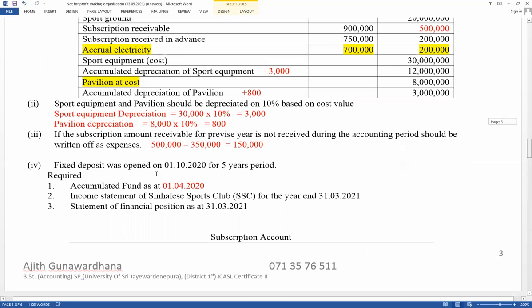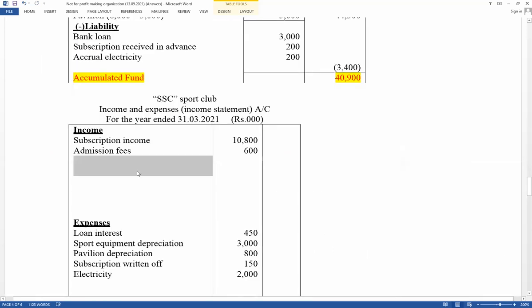Therefore, under income, donation value equal 1,200 and ground hire income 950. Now see the cash account credit side.